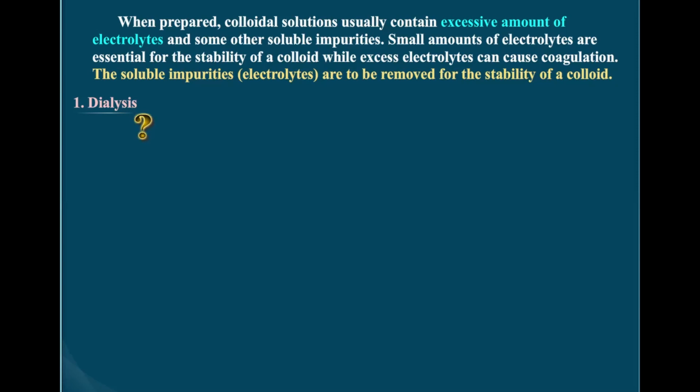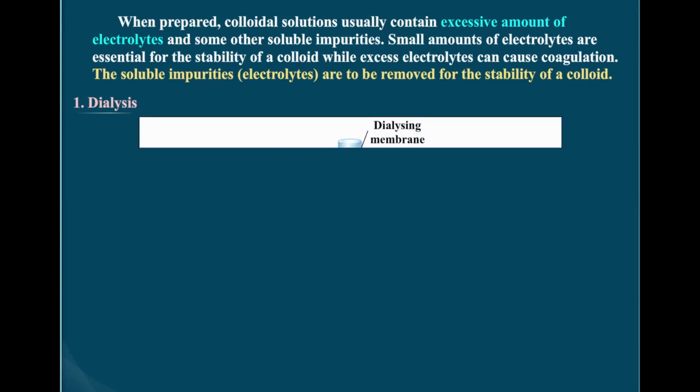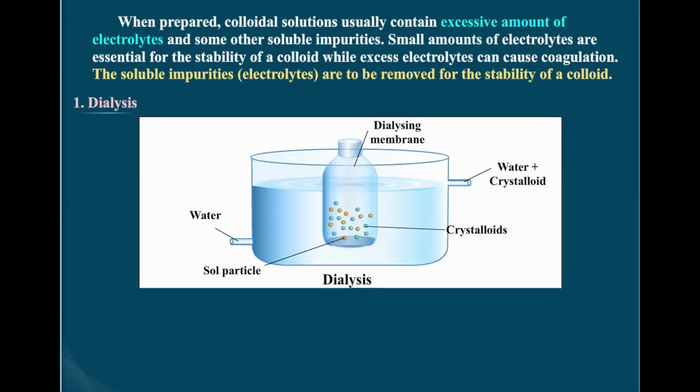What is dialysis? It is a process of removing a dissolved substance from a colloidal solution by means of diffusion through a semi-permeable membrane. As you can see here, the impure colloidal solution is kept in a semi-permeable membrane inside a beaker containing water.